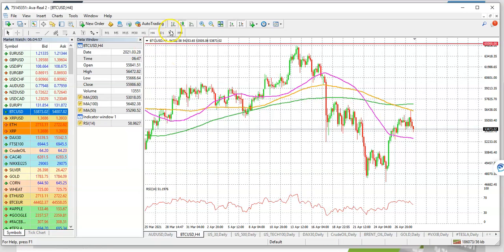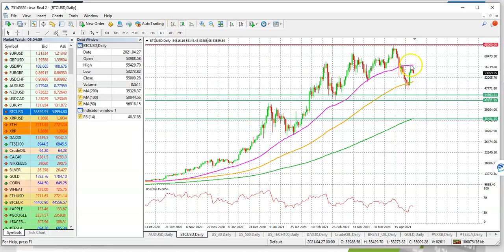And if it can, then the price is likely to break above the 50-day simple moving average, and that will confirm that this upward trend is really going to continue. But right now, this upward trend is once again under threat, and we could potentially see the price rolling to the downside rather than moving to the upside.